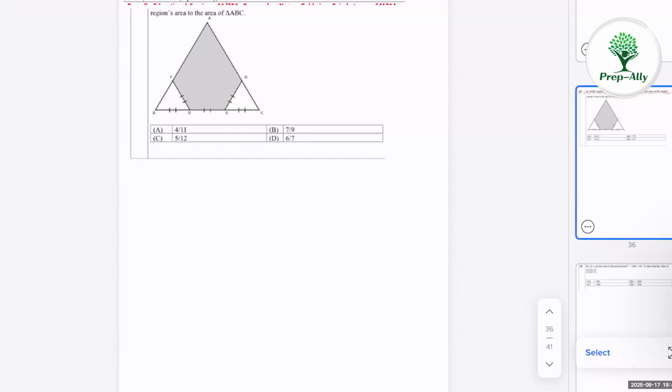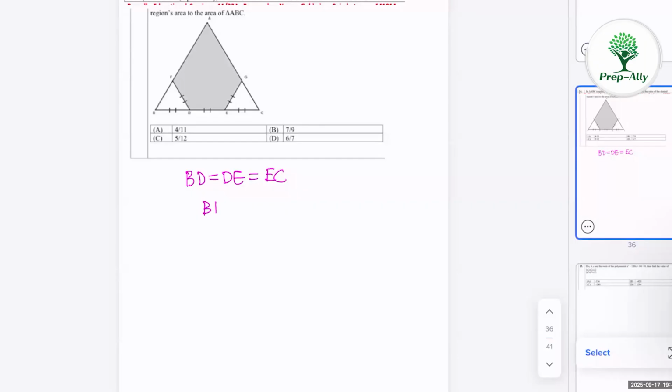Now we have one common angle here in this triangle and this triangle, and these two sides are equal, and 1/3 of this, right? So the ratio of this by this is equal to the ratio of this by this, right? So first of all, we have BD equals DE equals EC, right?